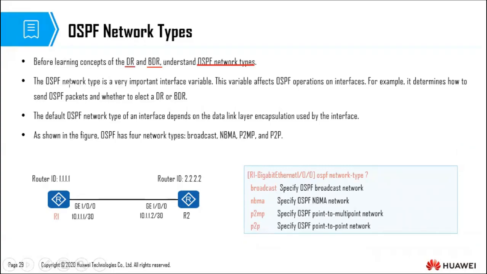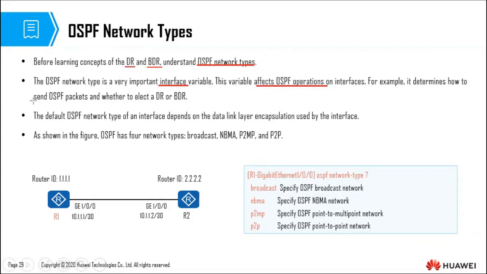Normally, the network type will default to a particular type depending on the interface, depending on the type of interconnection that we have between the routers. It is important that we understand this because it affects the OSPF operations on each of those interfaces.